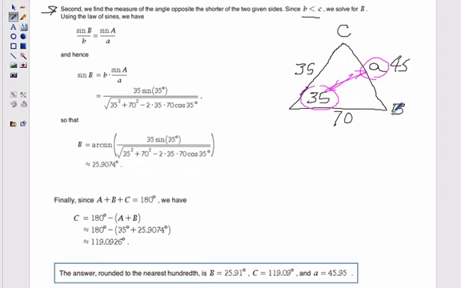See how they correspond there? Angle B and side b, those go together, and we just set up a proportion, a ratio. And of course, if we want to find out what angle B is, then we just multiply by b on both sides and get this. Now we can plug in our numbers.